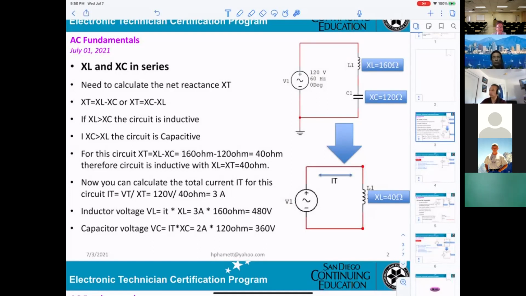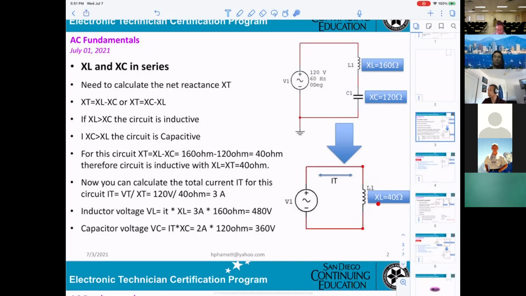Like if you want to calculate the total current, you cannot add IC and IL, no, they are opposite. So that's why you have to find the difference between IC and IL. If IL is greater than IC, then you have to get a new circuitry with L only.